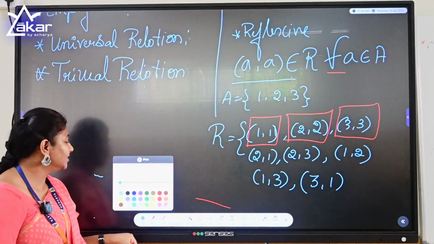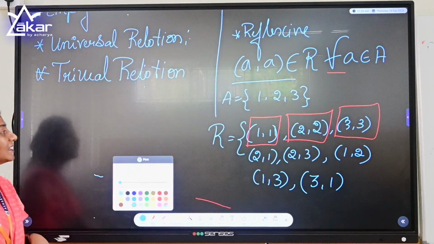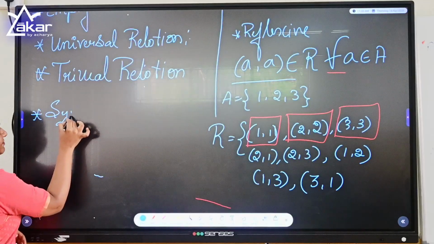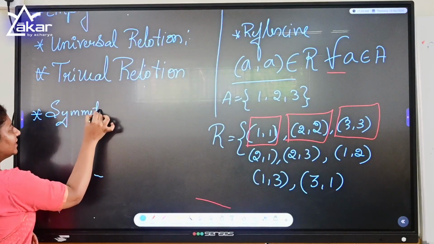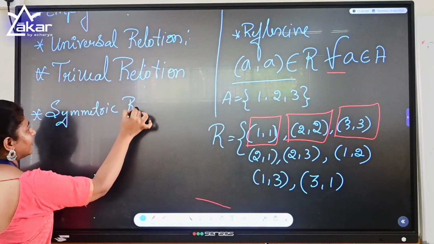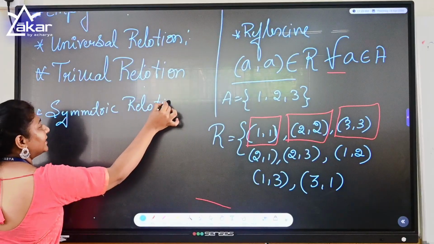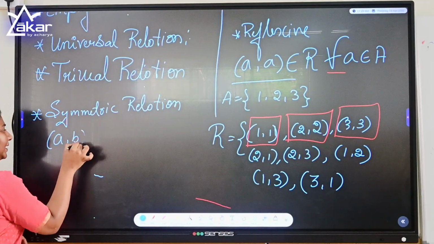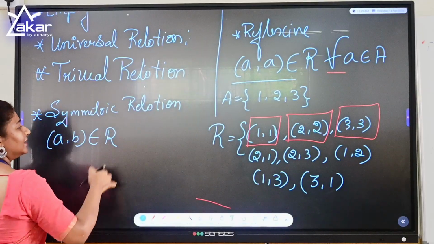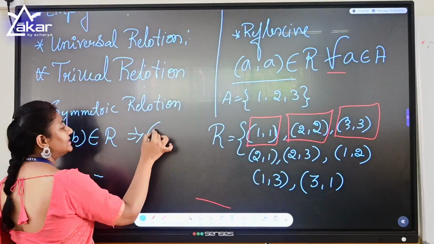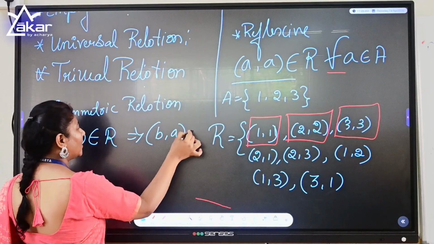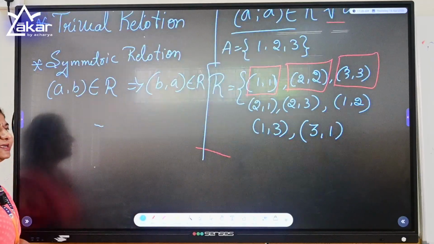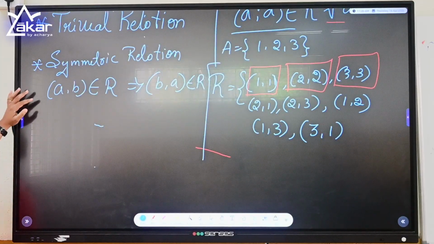Next, the second thing is the symmetric relation. Here what happens in a symmetric relation? It is always defined as: if (a, b) belongs to R, this implies that (b, a) also belongs to R. This is the condition. So what does it say?